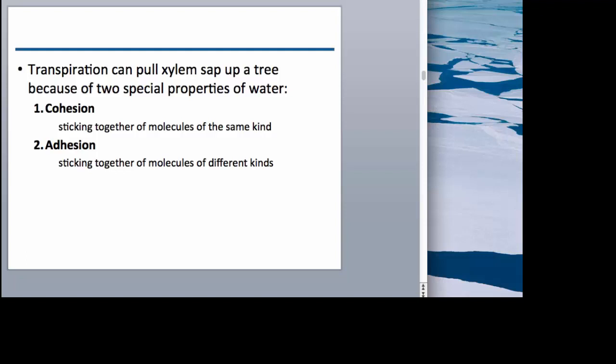Why two different terms? Cohesion should tell you that you have two of the same molecule, co being two. Okay? Adhesion is how we get two different kinds of molecules to be attracted to one another. When I think of this, I think of adhesive tape, like Scotch tape. I'm usually trying to stick two different things together when I use adhesive tape.